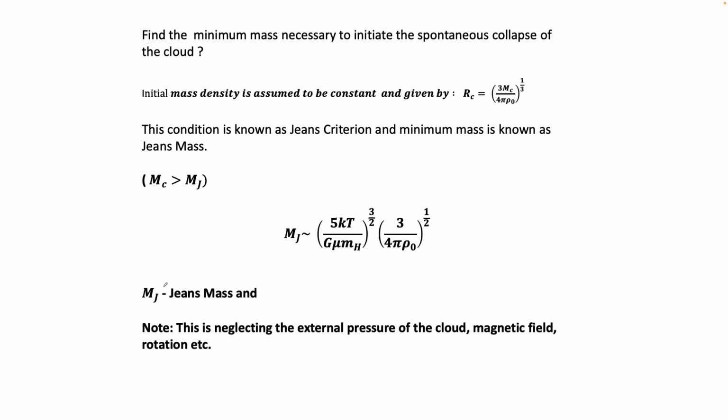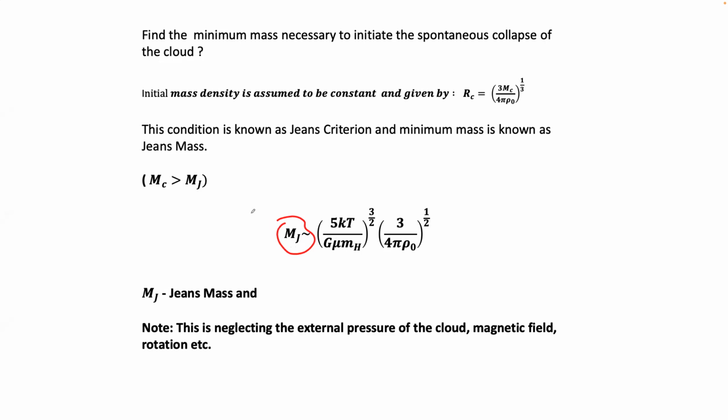I have given you the mass density relation here as well. And you need to find this value right here, the value M_J. This has a specific name, and this name is called the Jeans mass.